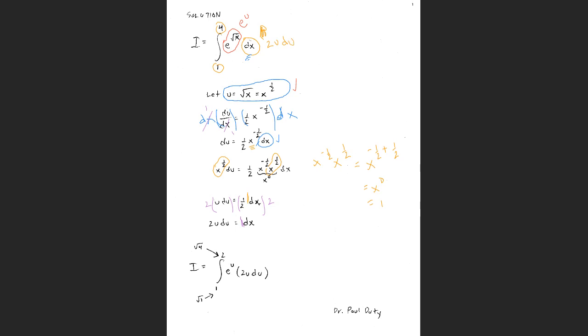The x limits of 1 and 4 will be converted to u limits of square root of 1 and square root of 4. I don't know why that all got erased there, but that's fine. It's there in the recording. And so here we are.